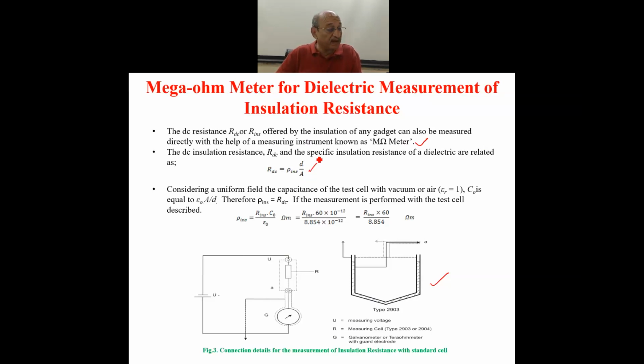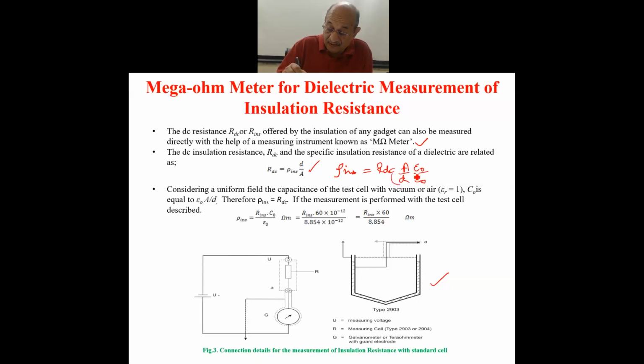RDC is equal to rho insulation D by A, and with this you can write rho insulation is equal to RDC A by D, and then numerator and denominator both you put epsilon naught, so epsilon naught A by d.